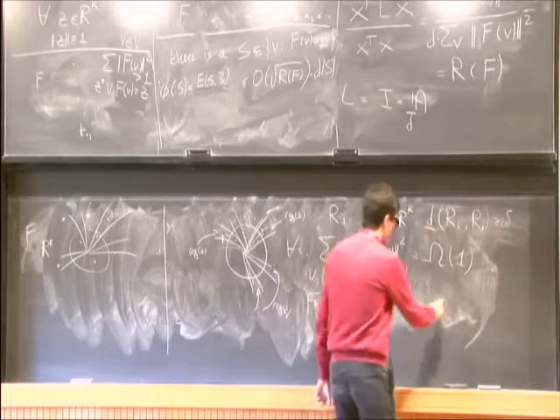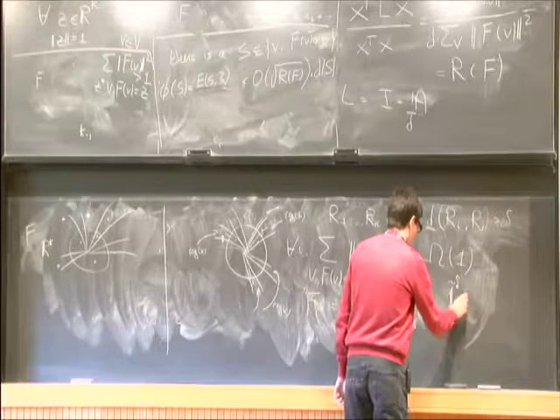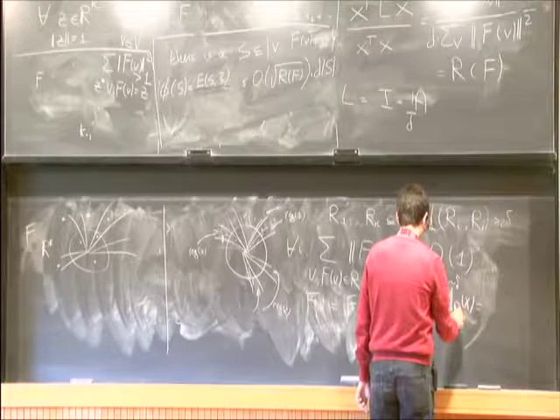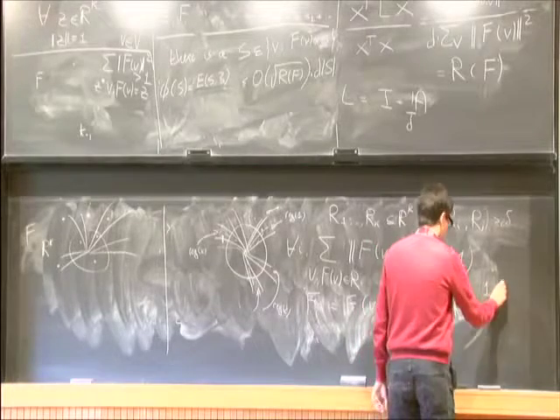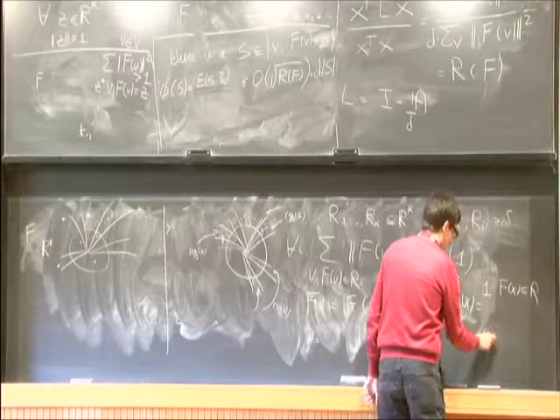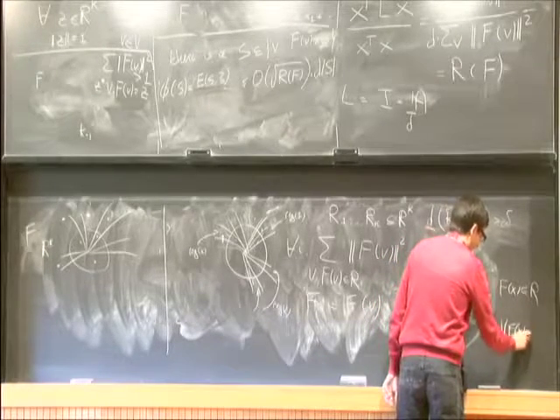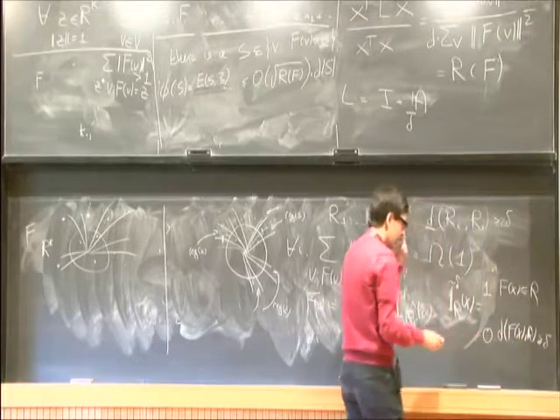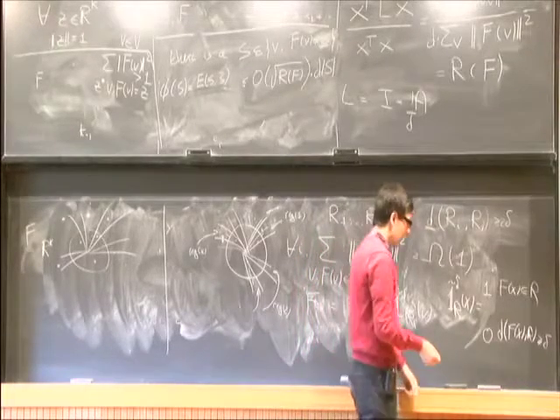Right, this smoothed indicator function is 1 if f of x is in R. It's 0 if the distance of f of x from R is bigger than delta, and it's, what is it?